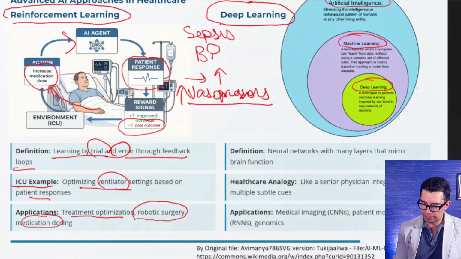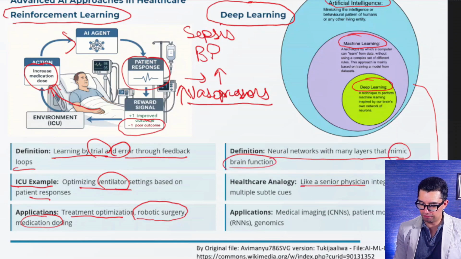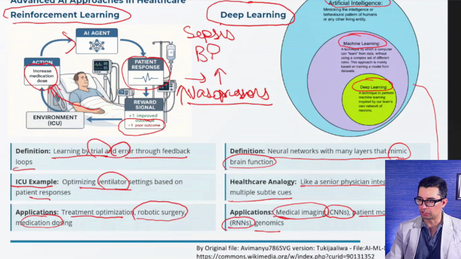Now, I have to point out that I got this image from Wikipedia, and this is the source. Neural networks, to recap, are many layers that mimic your brain function. It's like a senior physician integrating multiple subtle cues. This could include medical imaging with convolutional neural networks, patient monitoring through recurrent neural networks, and of course genomics also gets into the picture here.